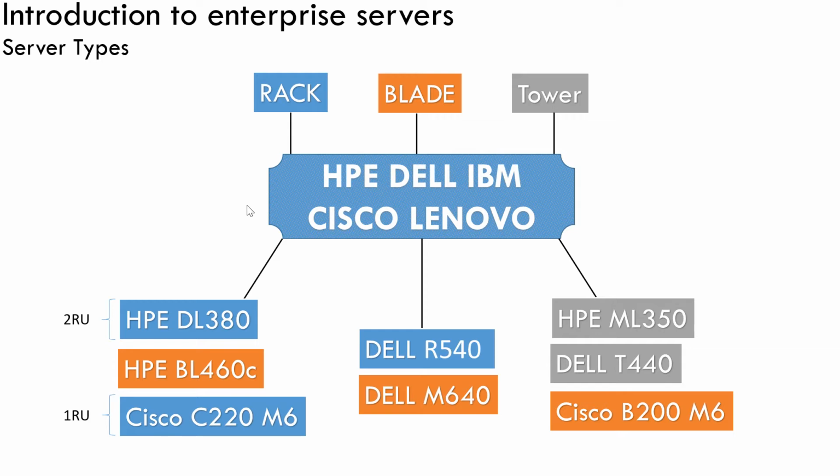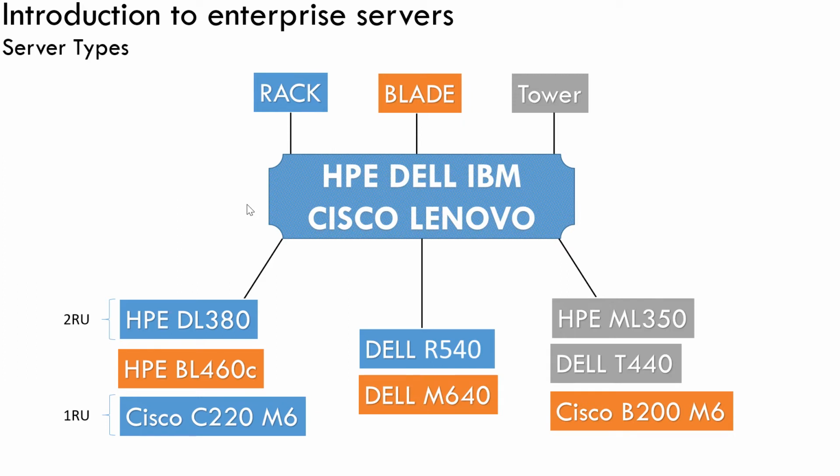The server comes in 2U rack units. We also have the Cisco UCS, Unified Computing System, C220 M6. This is the latest version of the Cisco UCS rack-mounted server. It's one rack unit.